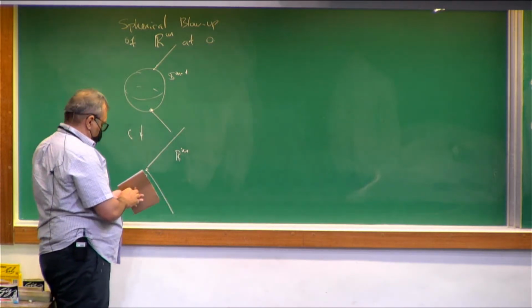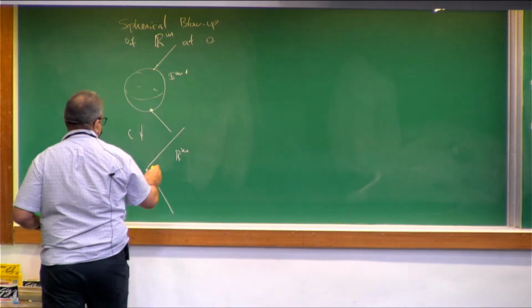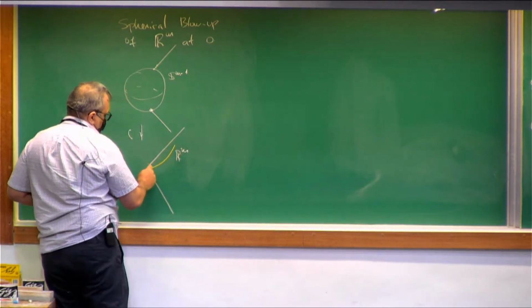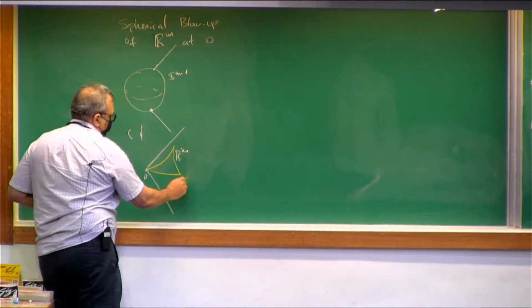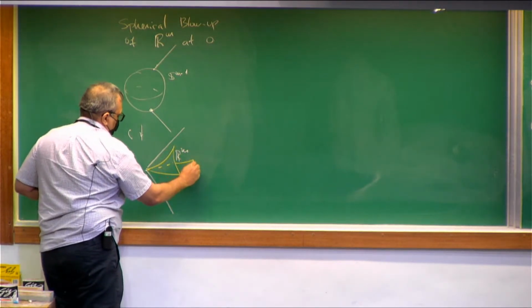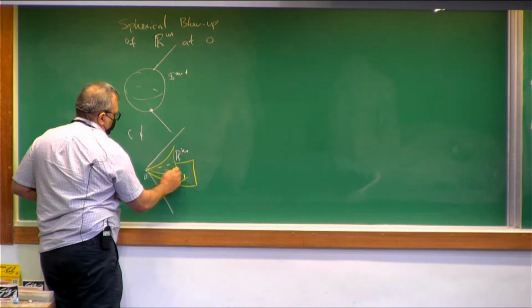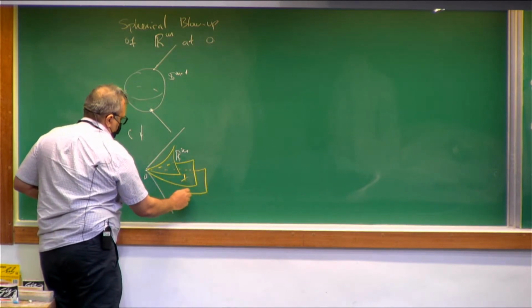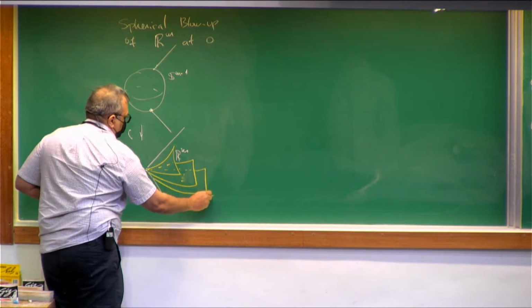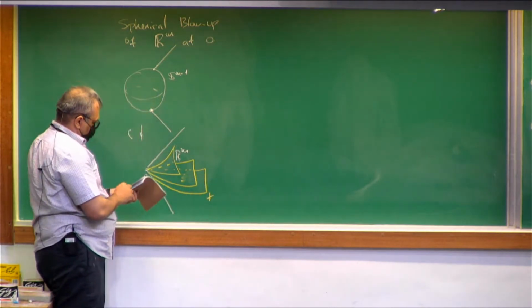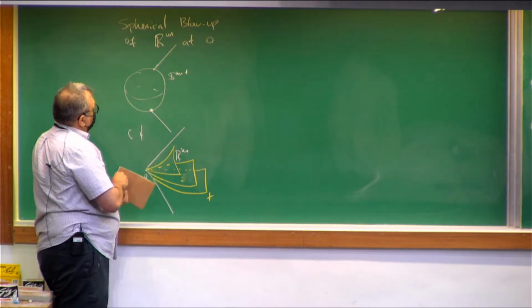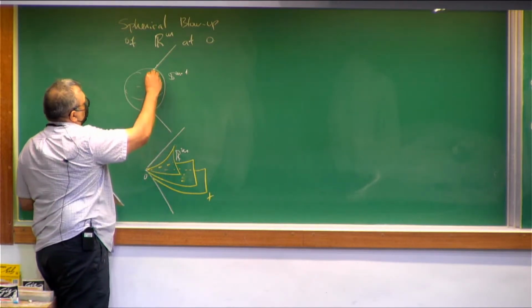So then, suppose you have a set with a singularity at this point, X. This is your X. When you do this spherical blow-up, we have a lot of directions here.